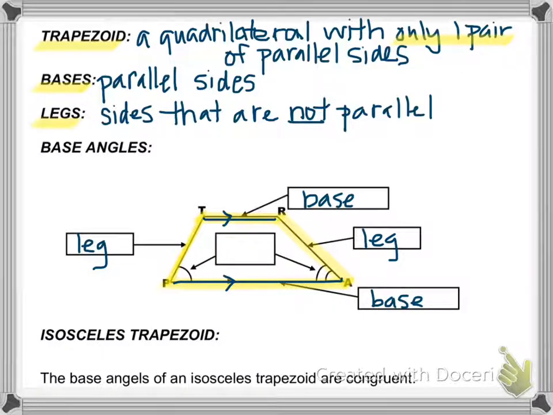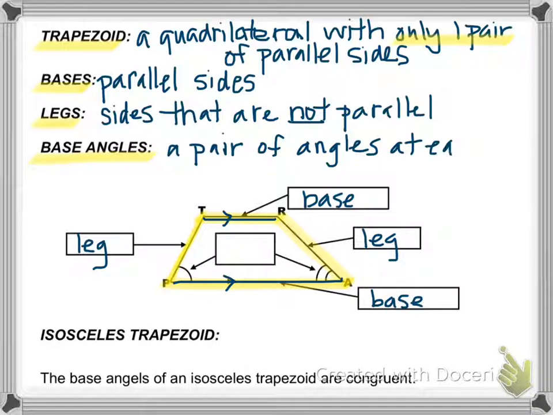Then we have these things called the base angles. Base angles are a pair of angles at each base. Let's write that down and then I'll show you what I mean. A pair of angles at each base. So each base has a pair, so there's actually 4 base angles altogether.